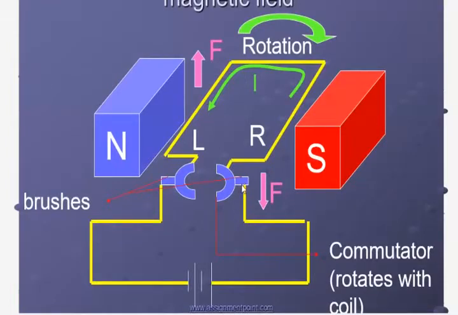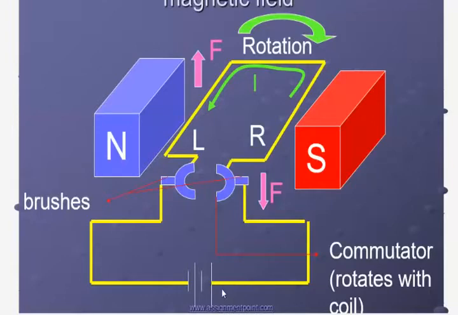this is a carbon brush and this is a split ring. There will be two split rings, the commutator ring, and two carbon brushes. The carbon brush just makes contact with the ring and the coil is attached to the ring. So the ring keeps rotating as the coil rotates, but electrical contact is maintained with the carbon brush.